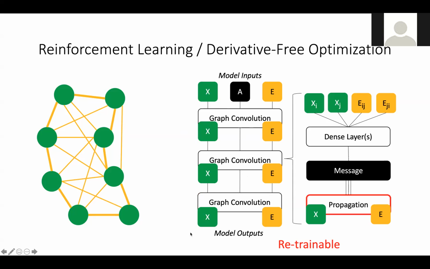Or maybe we freeze all of the message construction sections, but then unfreeze the propagation for all of the convolutions. Or maybe it's sufficient to just freeze everything and just relearn the attention mechanism. And maybe that's sufficient to learn how to play the game better, because that would be a really low parameter space, probably in the hundreds or low thousands of parameters that we would need to relearn. So it would be more economical, and maybe it'd be sufficient to get meaningful improvements.